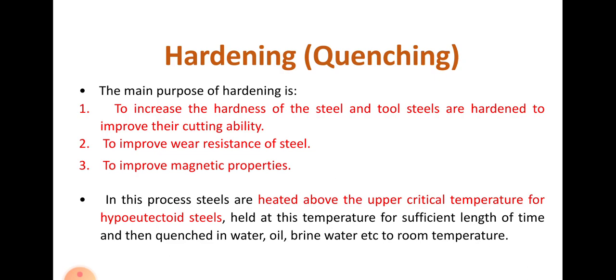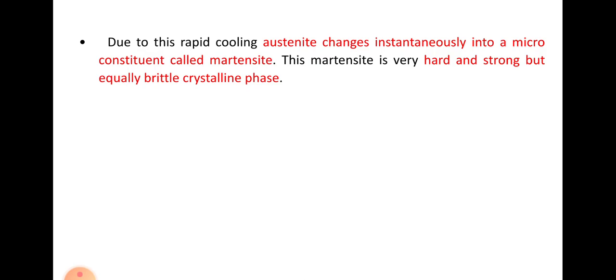For normalizing, it is 50 to 60 degrees Celsius above that, but for hardening it is above the upper critical temperature, that is A3, for hypoeutectoid steel, and above the lower critical temperature, that is A1, for hypereutectoid steel, using cooling media such as water, oil or brine. So it has a maximum cooling rate, and it gives a hard and strong crystalline structure.